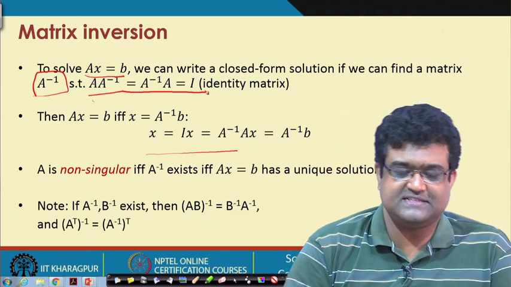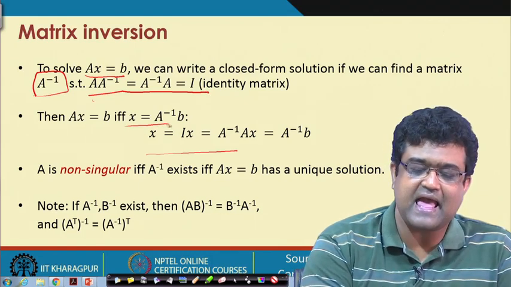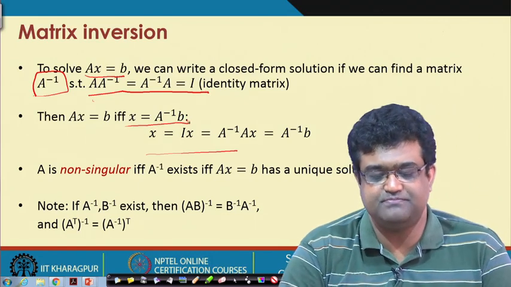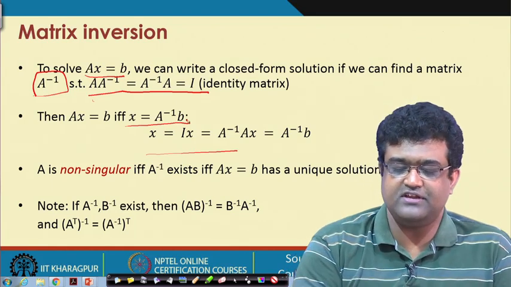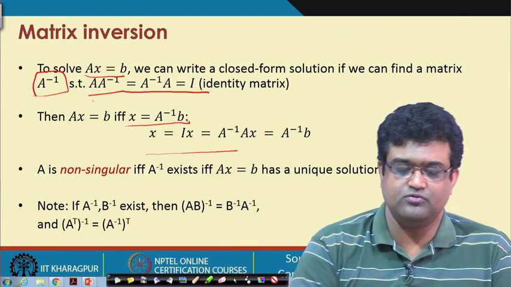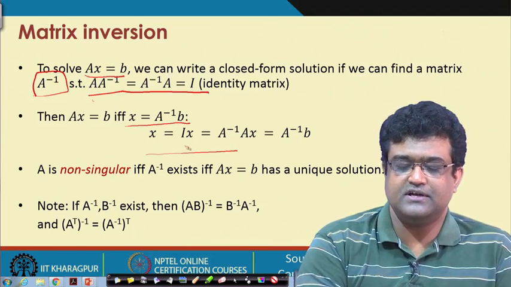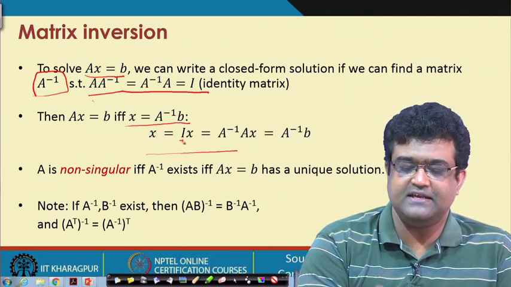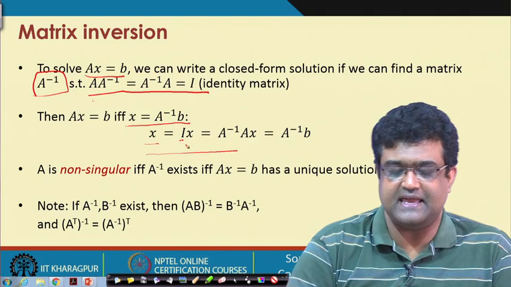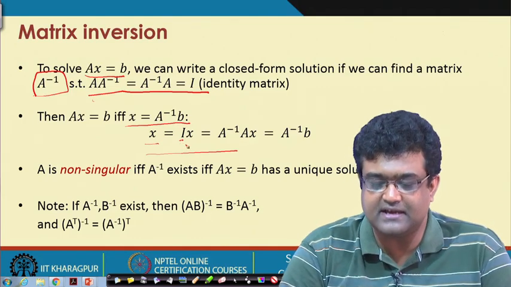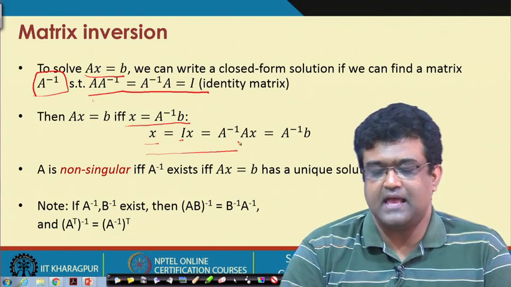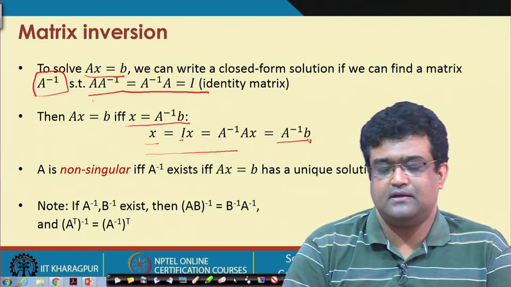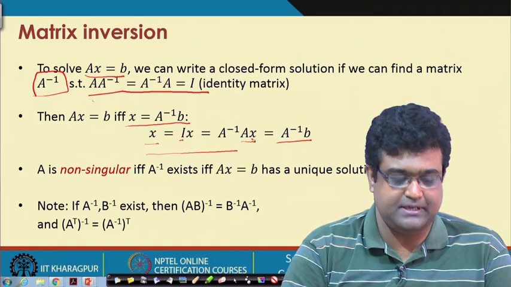Then we can simply write x as A inverse times b. We can verify that this is indeed true because you can write x as identity times x, then you can write the identity as A inverse A, and then you can write A x as b.